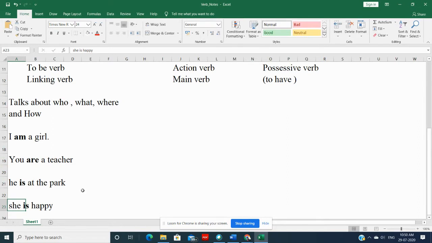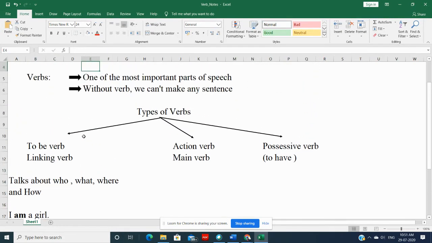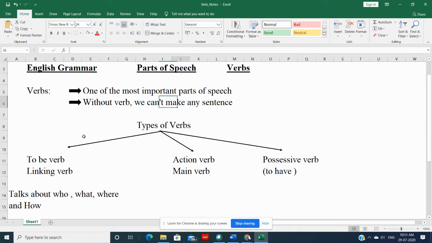Right now we are just talking about to be verbs, and that too of present time. Let me tell you this. We normally have verbs of three times.